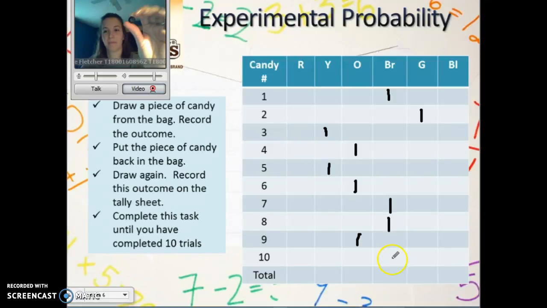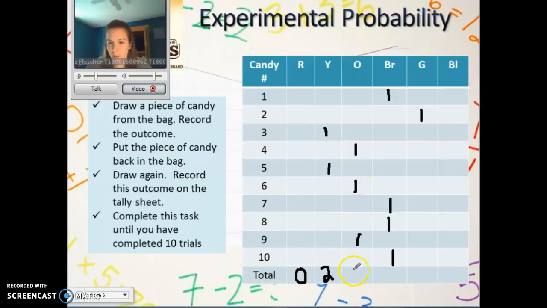Brown. So let's total these up. We have no red, 2 yellow, 3 orange, 4 brown, 1 green, and no blue.